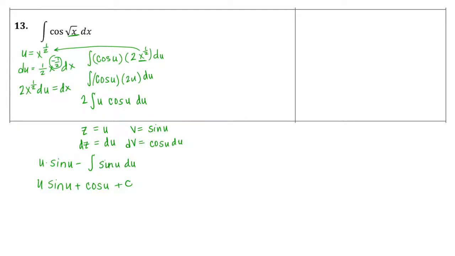U is the square root of x, so we're going to have the square root of x sine square root of x plus cosine square root of x plus c.